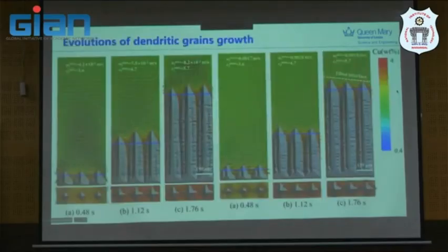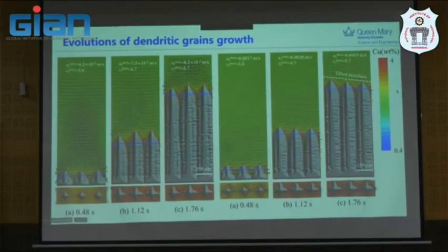And here is the evolution of dendritic growth. We can find that this case is without magnetic field. This one is under magnetic field. And the main difference is that the max velocity of liquid in this case is larger than without magnetic field.